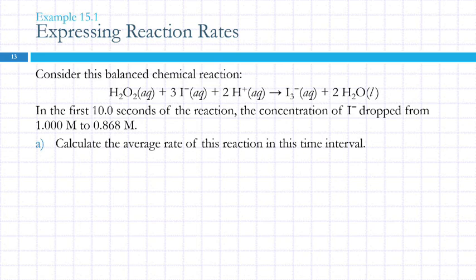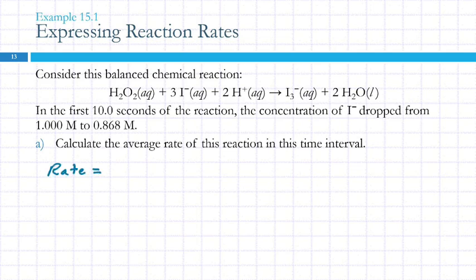Okay, so we're looking at this balanced chemical reaction, and it says in the first 10 seconds, the concentration of I- dropped from 1 molar to 0.868 molar, and it's asking us to calculate the average rate of this reaction. So we need the equation for the rate of the reaction.